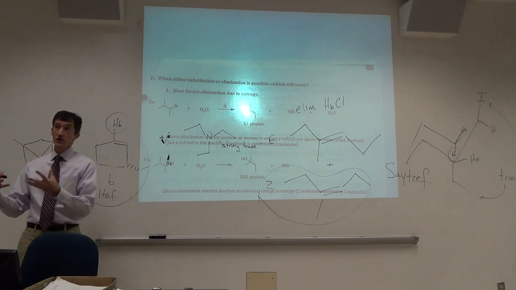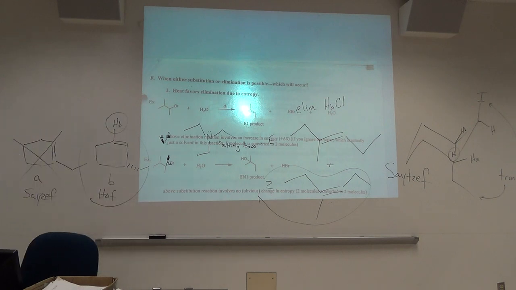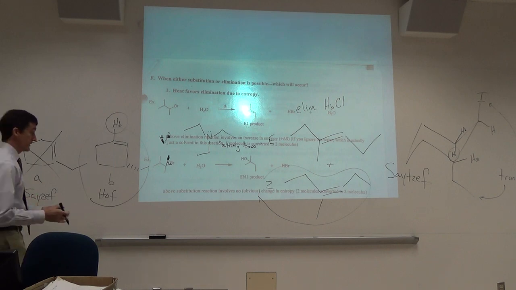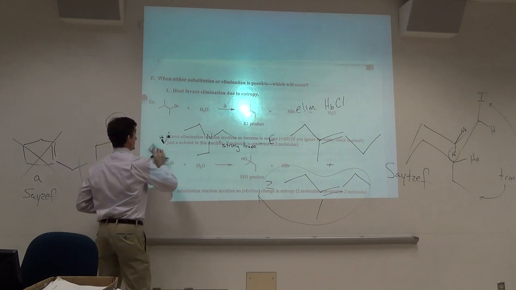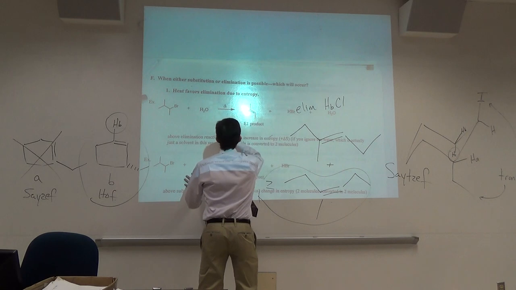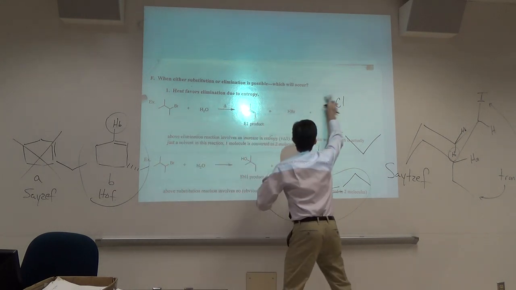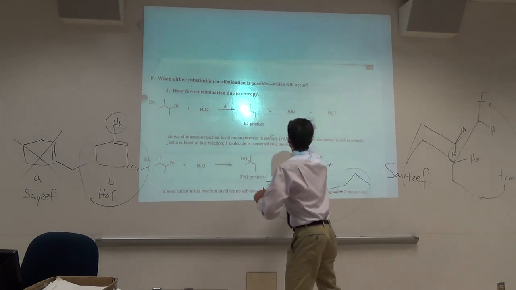And so if entropy is good, how do you make it even better? Heat. You'll magnify it. Elimination, entropy is good. If you heat, you'll make it even better. Heat favors elimination.